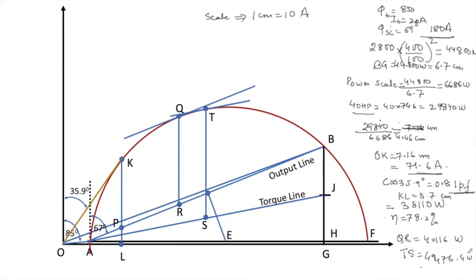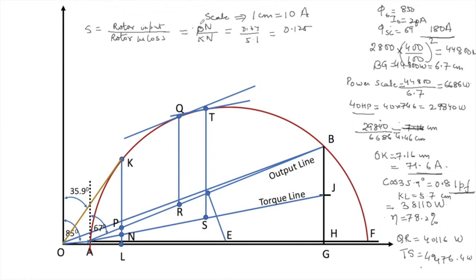Before converting into Newton meter, we have to find the slip of the given motor. We can find the slip as the rotor copper loss divided by the rotor input. So we have to take the points Pn and Kn.